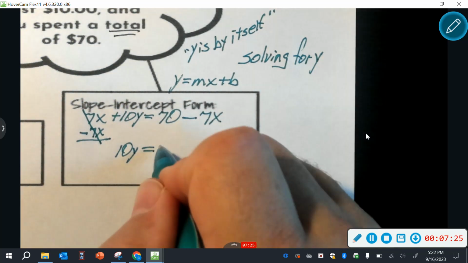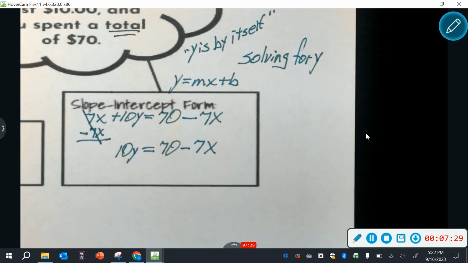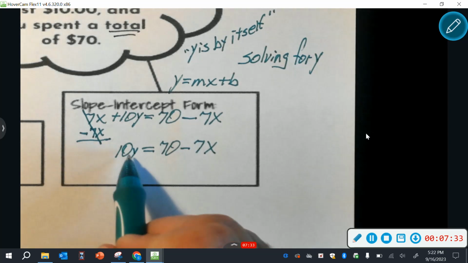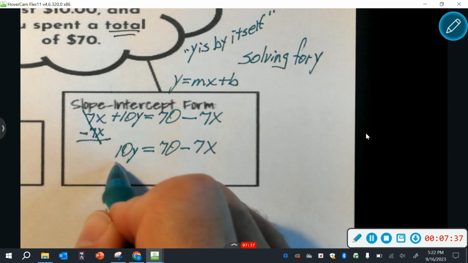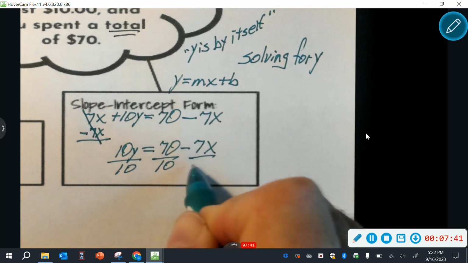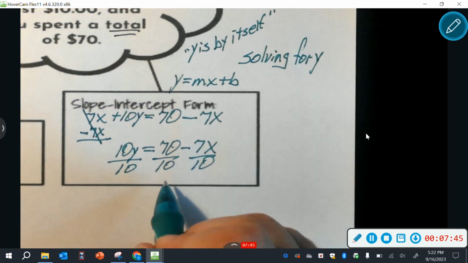Now we're going to bring down the 70 minus 7x. We're not finished yet, but we have 10y by itself. Since the coefficient is 10, we're going to divide all three terms by 10.